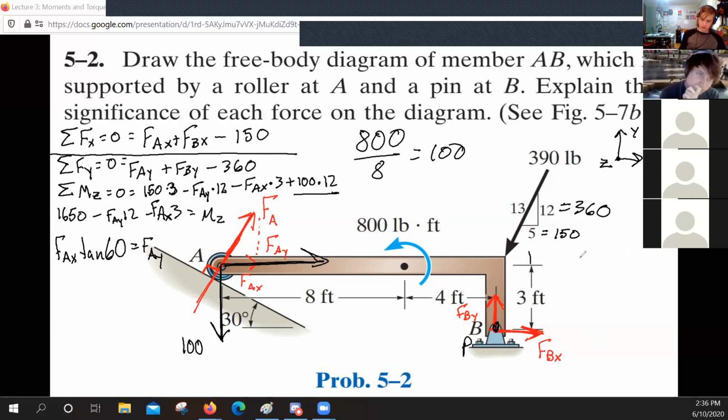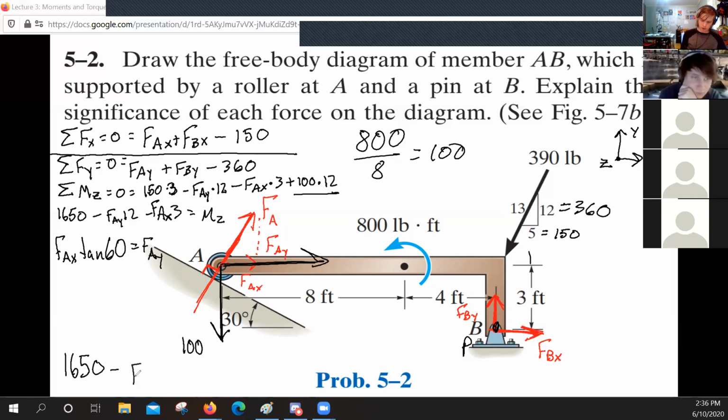And what that's going to give us, and I really think I need to go to another sheet because I am really out of space here, but I'll write this one equation down here. So we got 1650, and I'm rewriting this equation up here. 1650 minus what we're going to substitute, which is FAY.